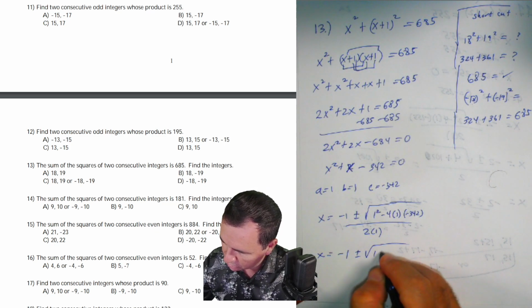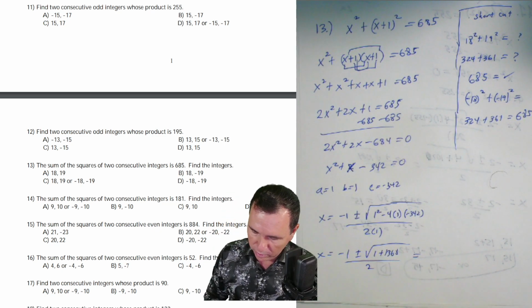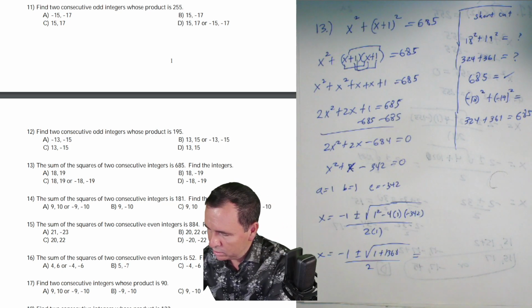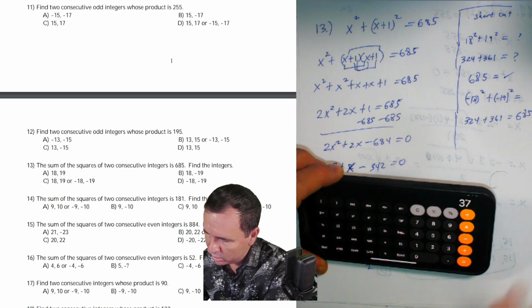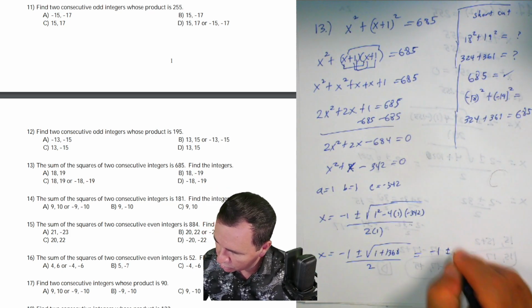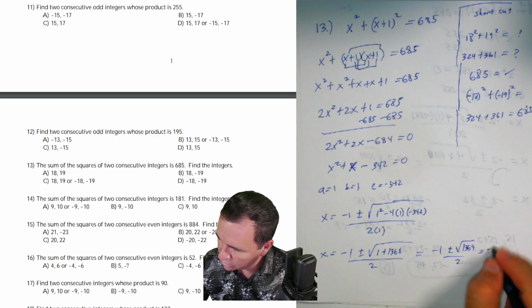So 1 plus 1368 is 1369. And so I take 1369 and I press the square root and I get 37. So this turns into negative 1 plus or minus the square root of 1369. And the square root of 1369 is 37.